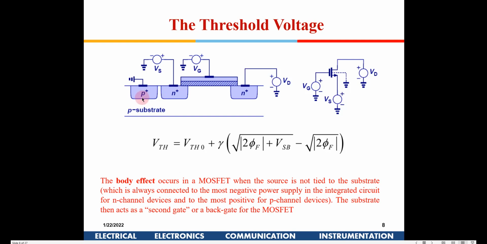So if I simplify, if the source is at a higher potential than the body, I can call it the other way around. I can assume this to be my ground and this as a negative potential.